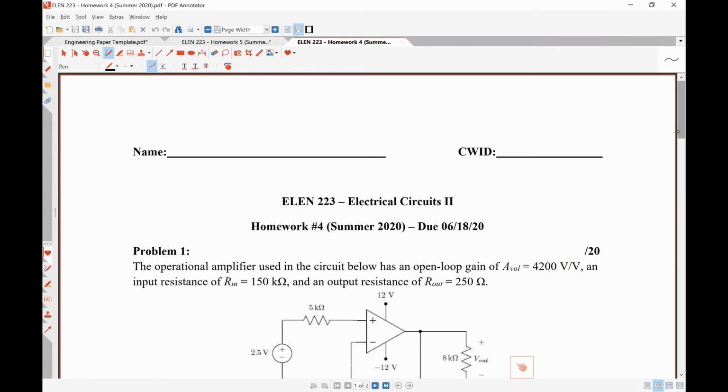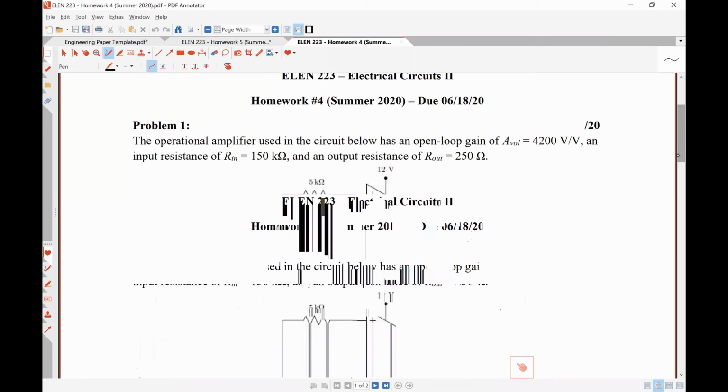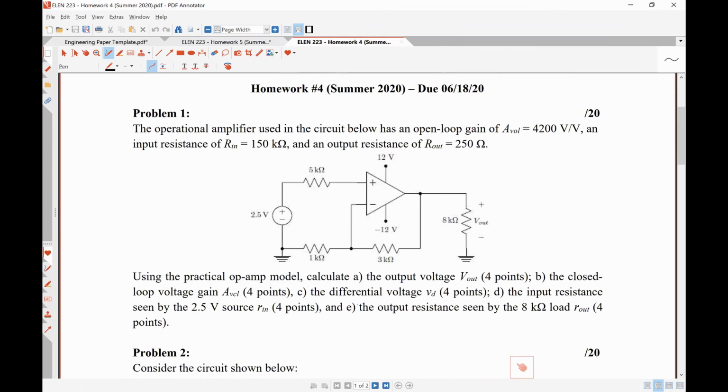So I guess it's more of a general question. For problem 1, for my RN value, I'm getting a massive resistance. Should I rework it? Let's find out. I just figured I'd ask because the example you did in the lecture came out to only be like 5 kilo ohms.